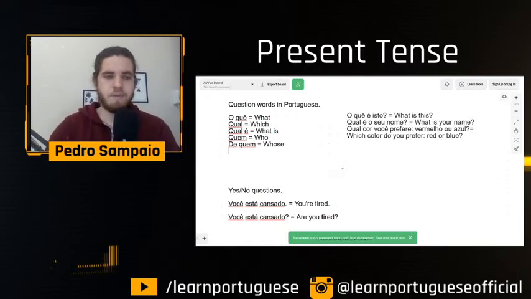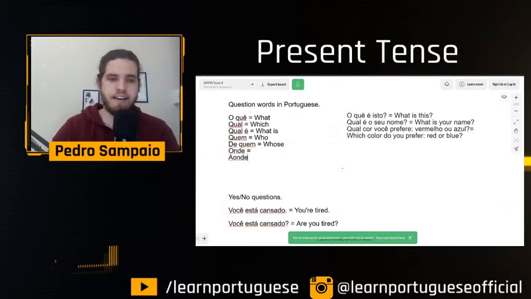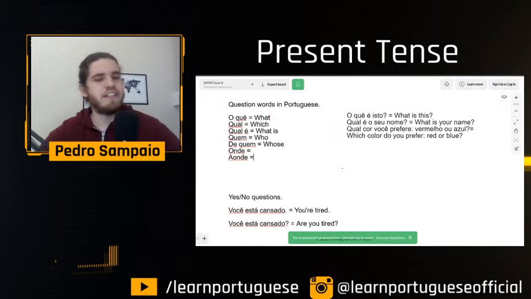The next question word, or the next pair, let's say "onde" and "aonde." This is something that most Brazilians, not most, I'm not going to be unfair here, some Brazilians don't know how to use properly, so they don't know the difference between "onde" and "aonde." So if you learn these words, you'll be able to speak better than some Brazilians.